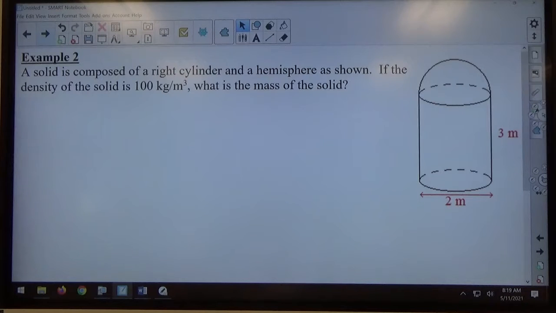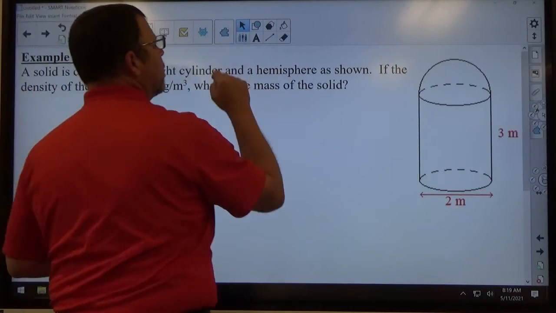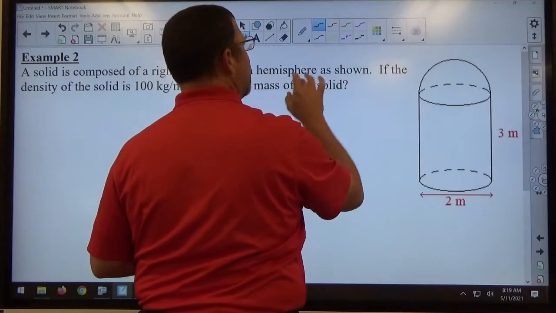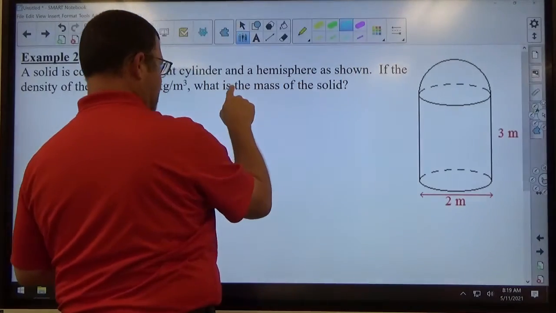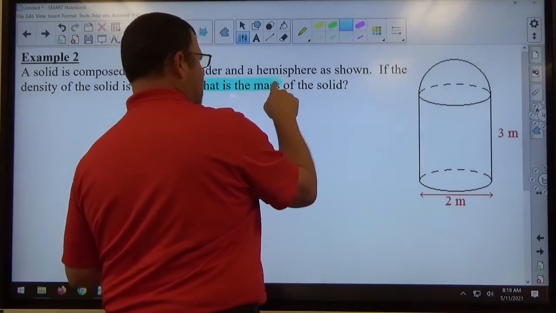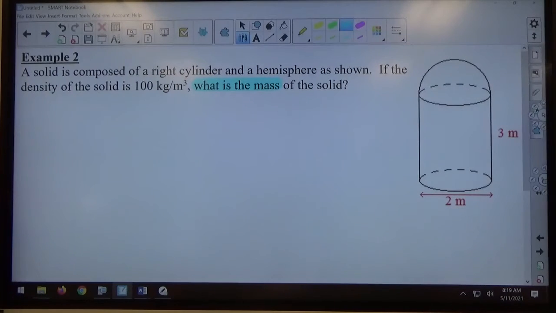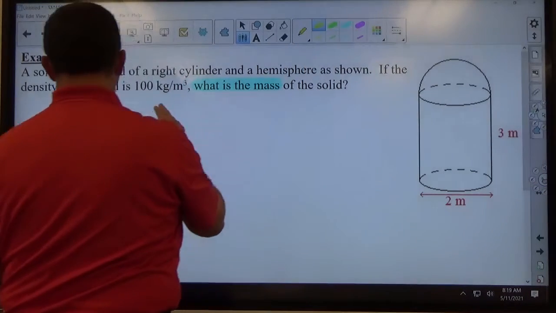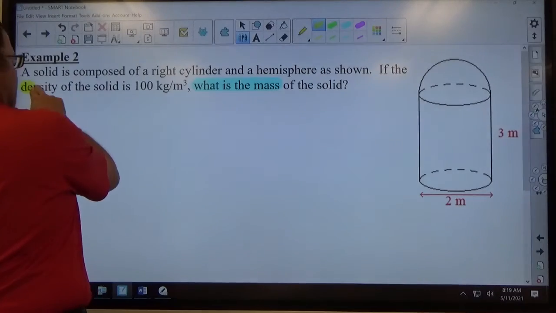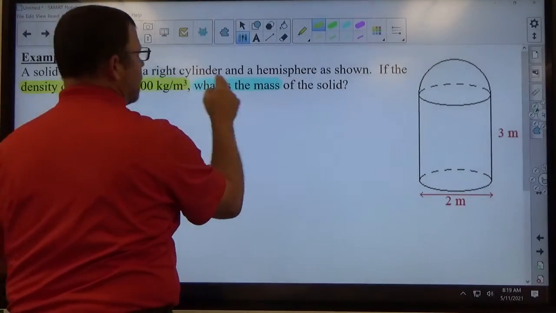So first of all, let's do a little science discussion here. How adept are you guys at science? What is the mass? What type of units come in mass? Grams, kilograms, those types of things, right? And it tells us the density of the solid is 100 kilograms per cubic meter.